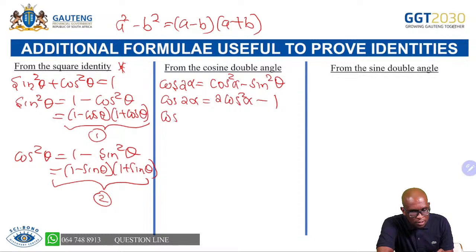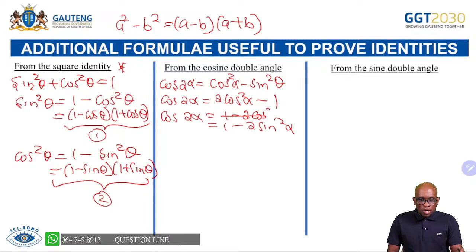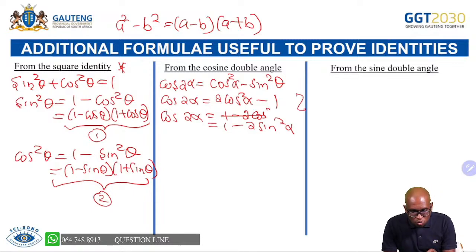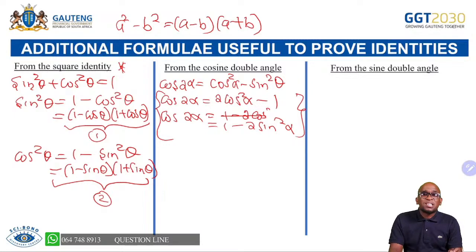It can also be written as 1 minus 2 sine squared alpha. Now, if you look at these two, there is nothing more that you can do in terms of factorization.